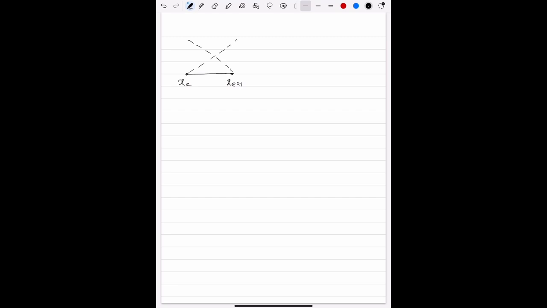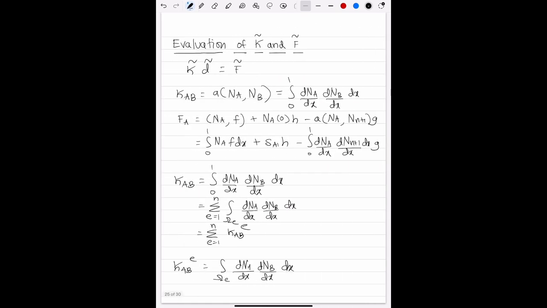You have basis function N_e, which is centered at node x_e, and you have another basis function N_{e+1}, which is centered at node x_{e+1}. So since only two basis functions are non-zero within element e, if you go back to this expression, then this integral over here is going to be 0 for pretty much all values of A and B.